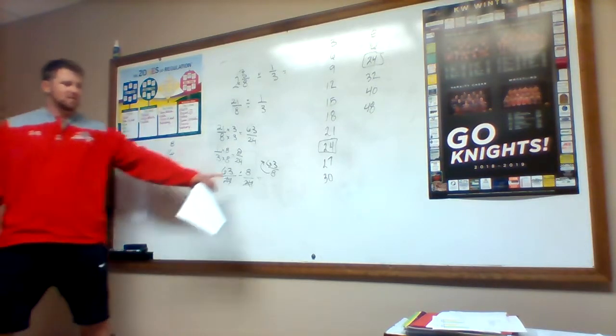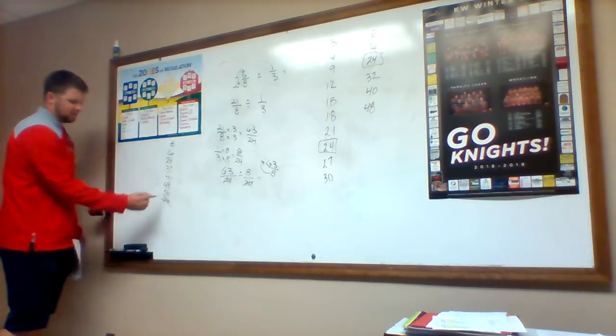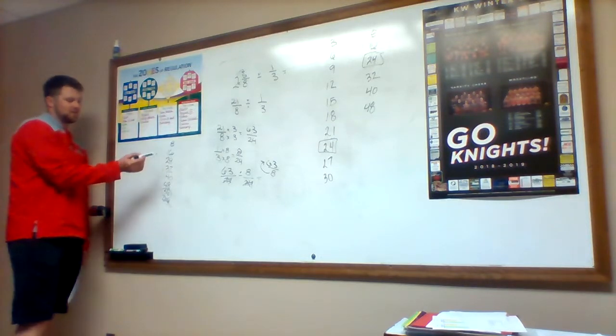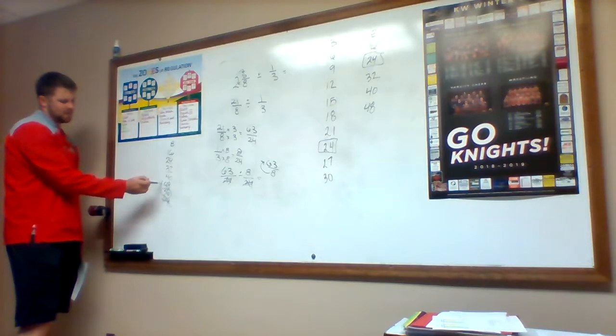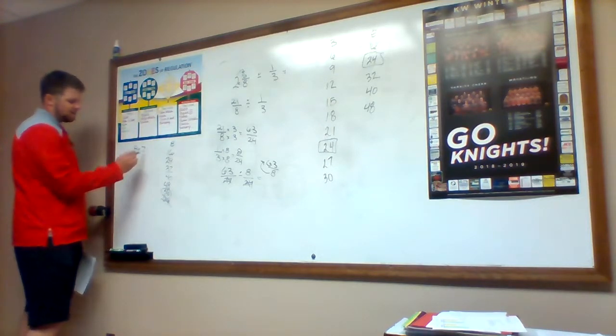Is 64 more or less than 63? More, so we can't use that one, but we can use 56. How many times did we multiply 8 to get to 56? Count for me. 1, 2, 3, 4, 5, 6, 7. So 8 times 7 gets us 56.